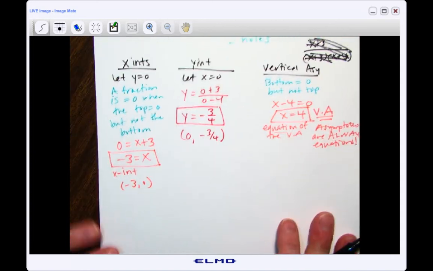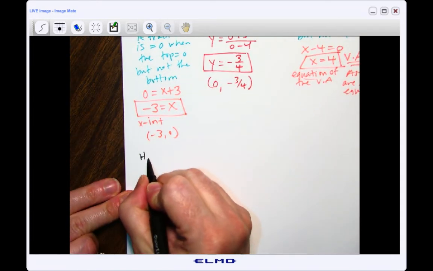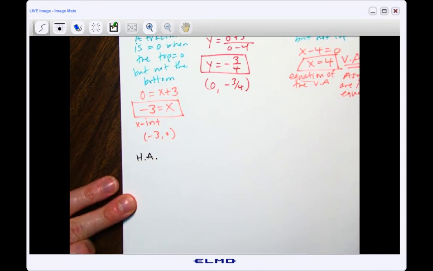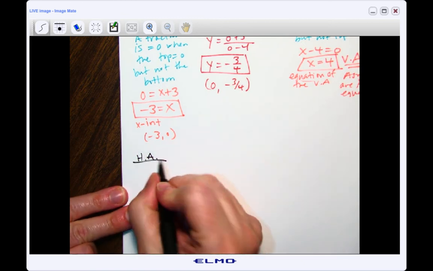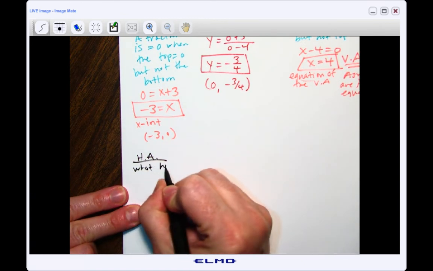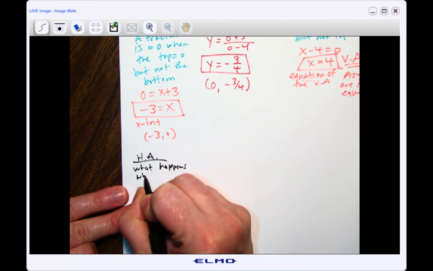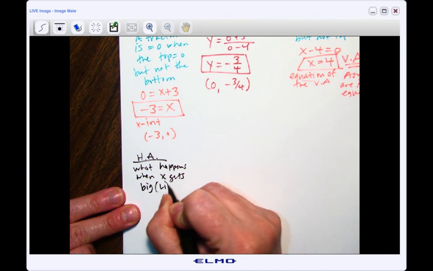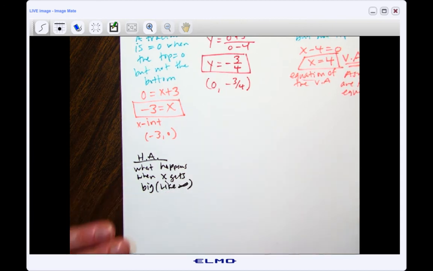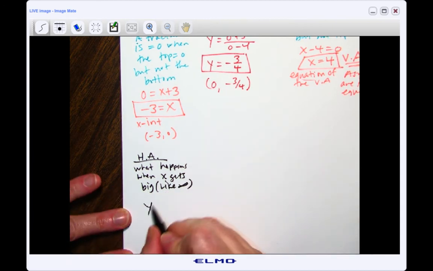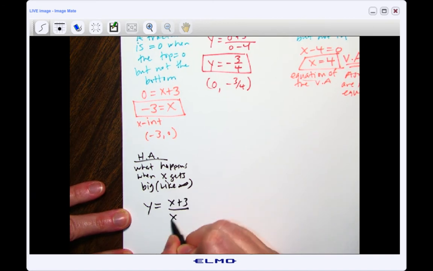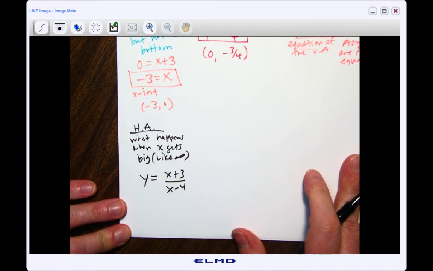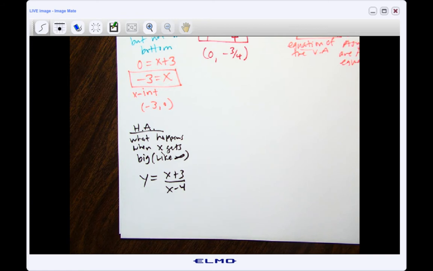All right, now my horizontal asymptote. If you remember, we're trying to see what happens when x gets really big in this fraction. Like infinity big, right? Not just big, but infinity big. So here it is.